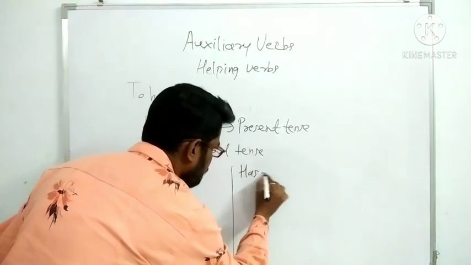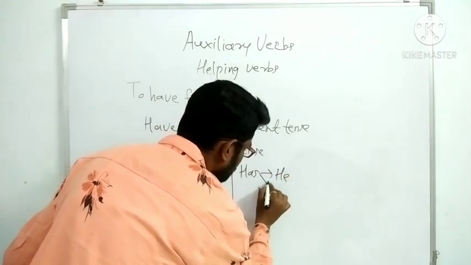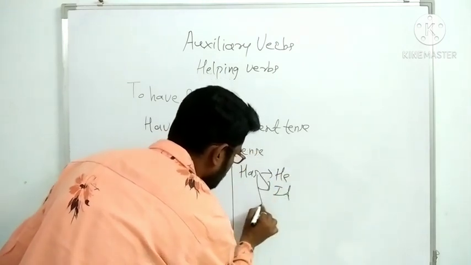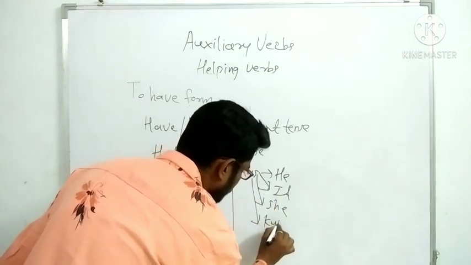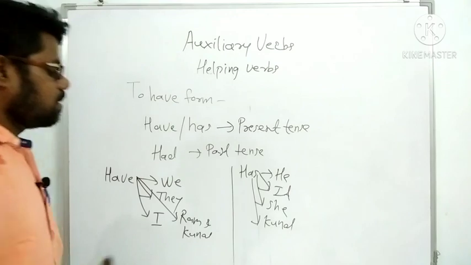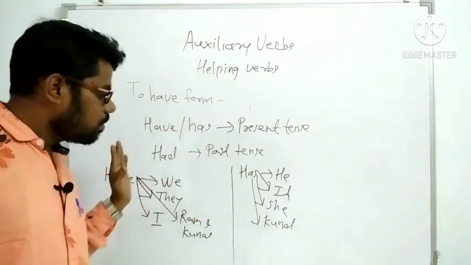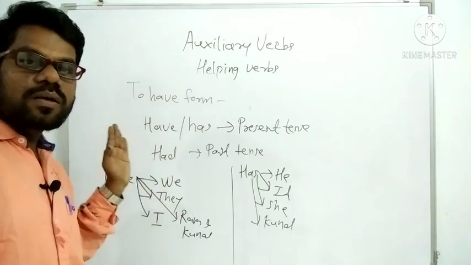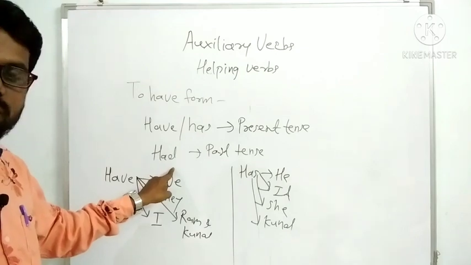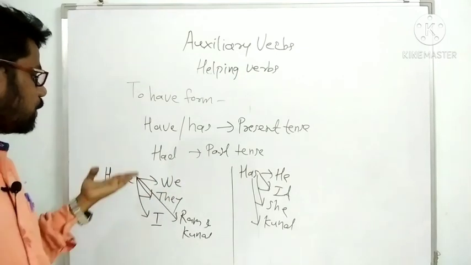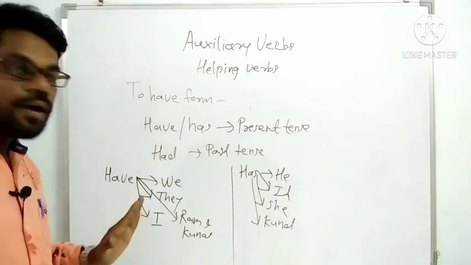When we use has: he has, it has, she has, Kunal has. It means a singular noun follows has. Kunal has a good car. Now, what about had? Had we use in the past tense. Here we don't have a choice.